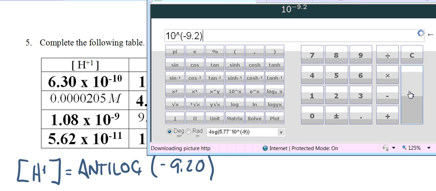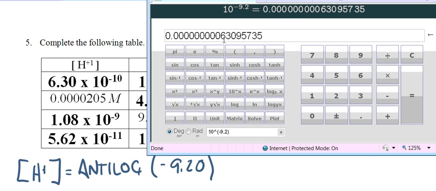It should equal 6.31. The bad news is it doesn't put it in scientific notation, at least I haven't found that. So 6.3 times 10 to the negative 10. So we've got 1, 2, 3, 4, 5, 6, 7, 8, 9. Yeah, that's good.